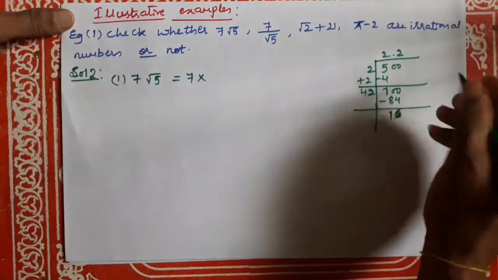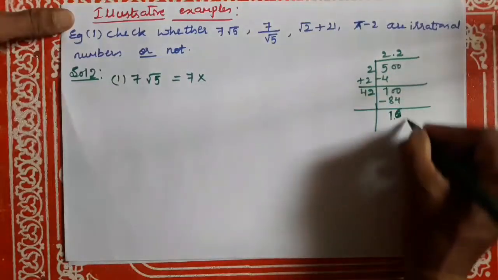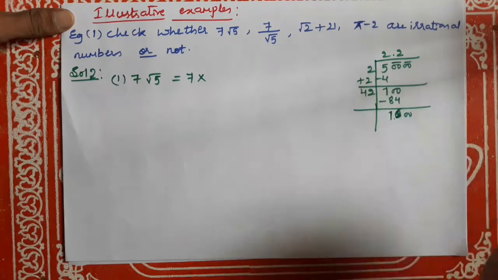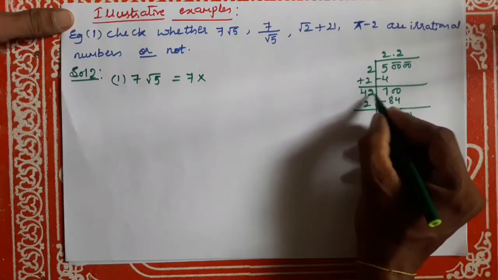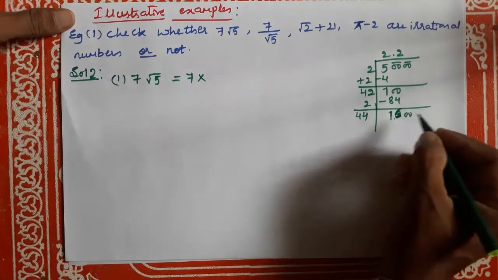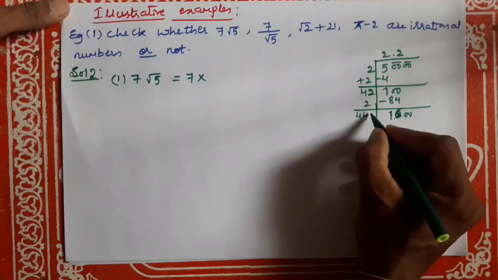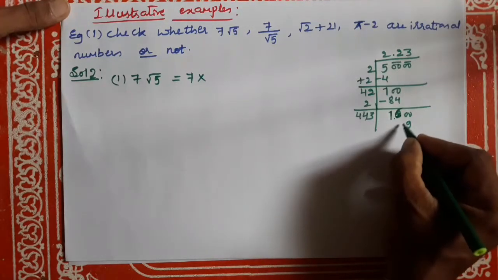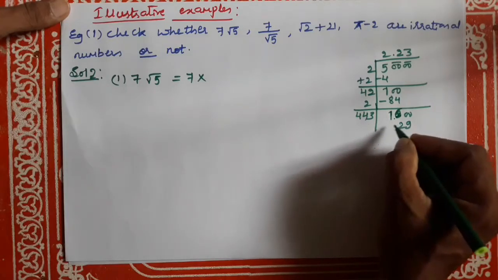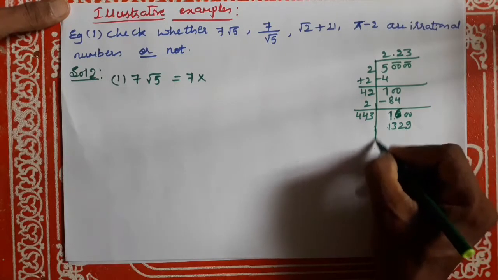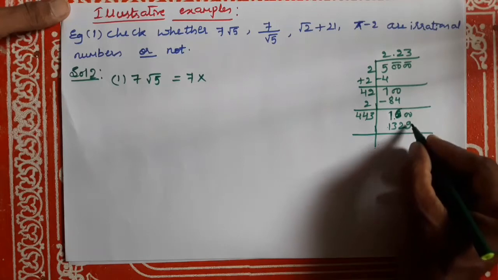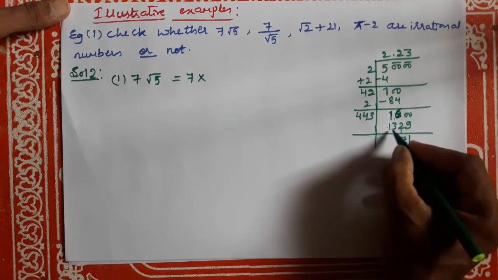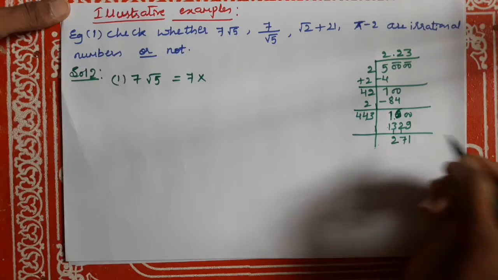Same process: again we take 0 0 and double the quotient. 42 plus 2 is equal to 44. Then 443: 3 3s are 9, 3 4s are 12, 12 plus 1 is 13. 10 minus 9 is 1, 10 minus 3 is 7, and 6 minus 4 is 2.